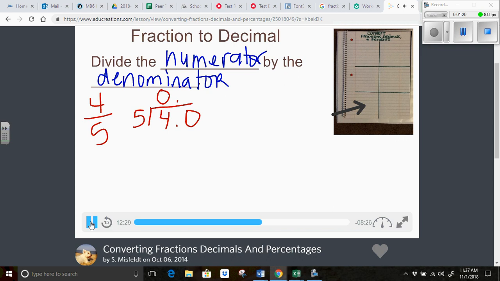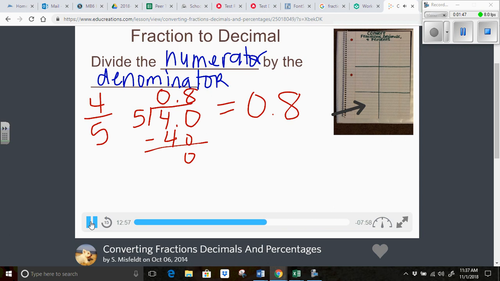Now I can say that 5 can go into 40. 5 goes into 40 8 times. 5 times 8 is 40, and when I subtract, I get 0. So our decimal now is going to be 0.8. We found that out simply by dividing the numerator by the denominator. Luckily for us this time, the remainder ended up being 0, so we got to our decimal rather quickly.